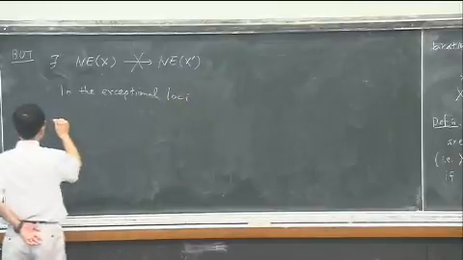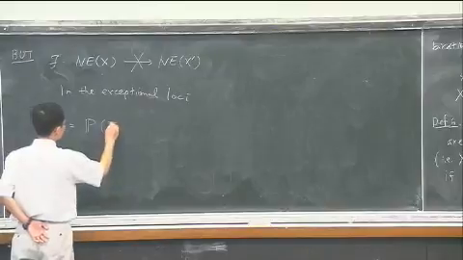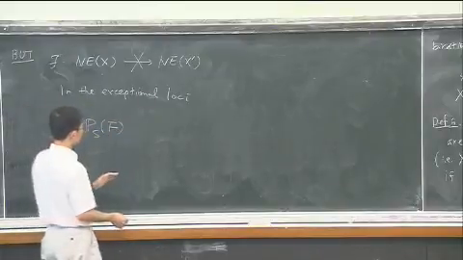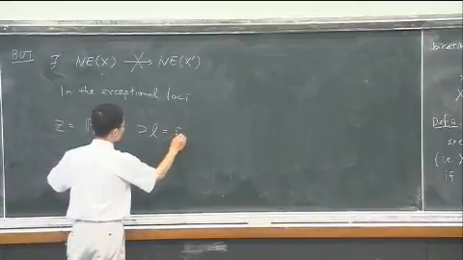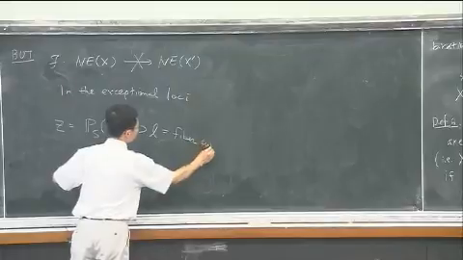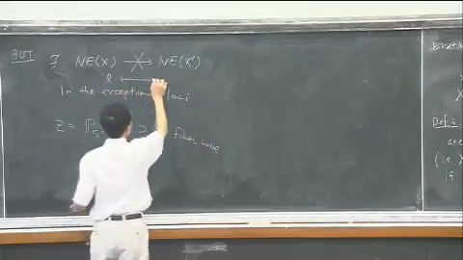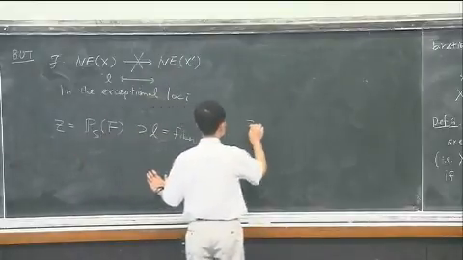You remember our exceptional locus looks like a projective bundle over an arbitrary base, and every fiber is a projective space. So there is exactly this L, which is a fiber curve. And this fiber curve is mapped to, on the other side, the same kind of fiber curve, the Z prime.